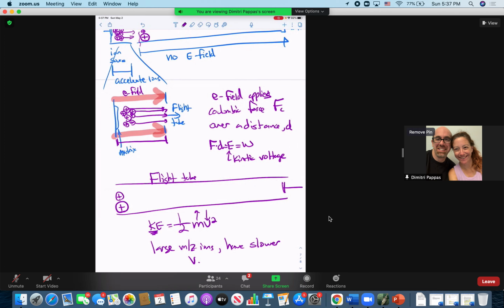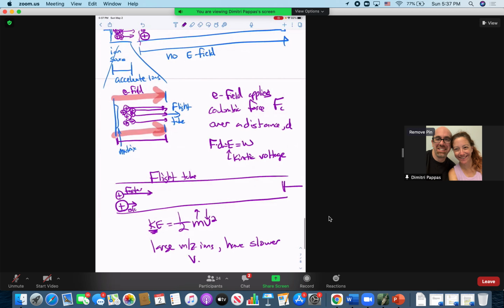And so if you're looking at this from a vector perspective, your smaller m over z ion is faster, and your larger m over z ion is slower, which is totally intuitive.